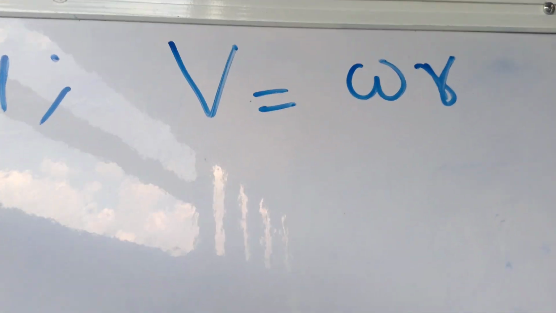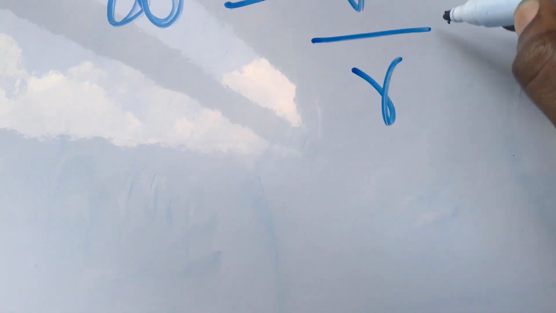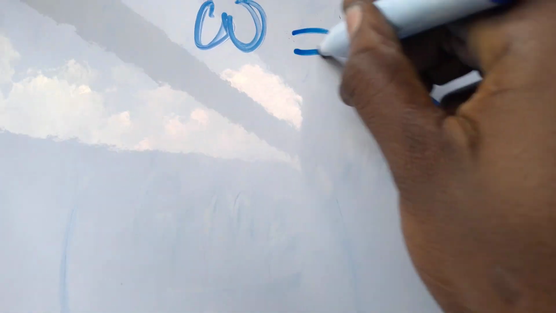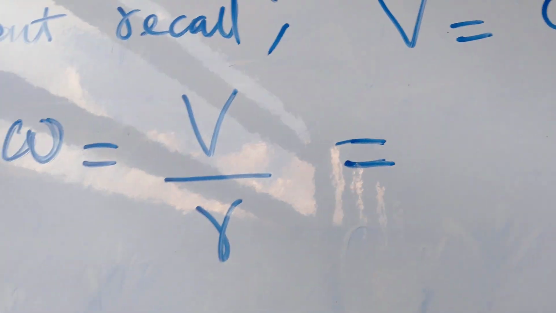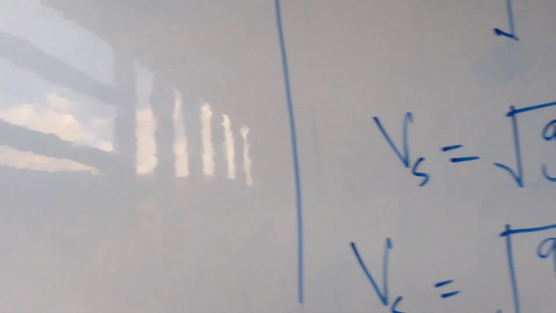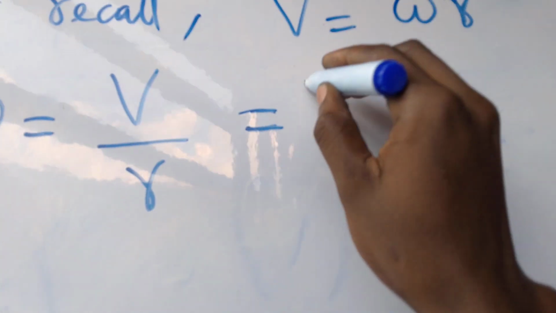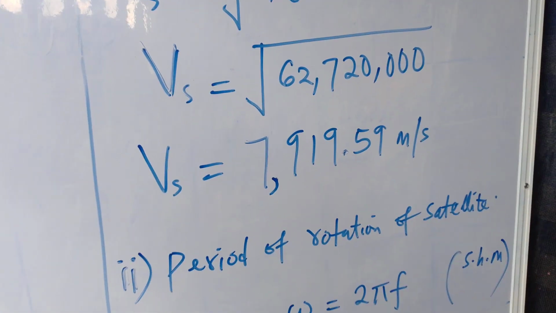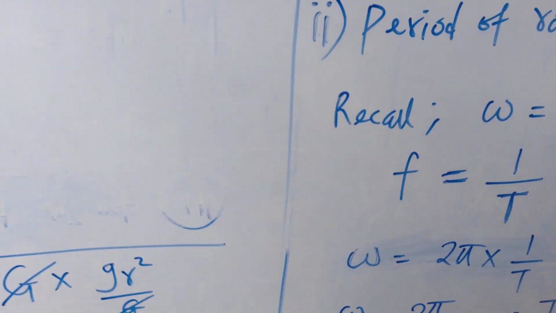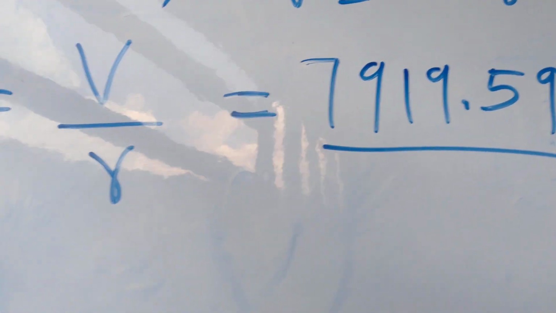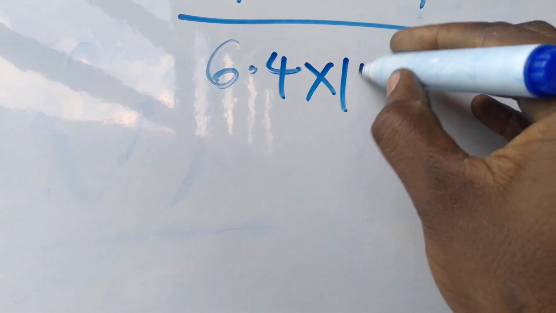But also recall that linear velocity is angular velocity times radius. So angular velocity omega is v over r, which is the linear velocity divided by the radius. We had the linear velocity as 7919.59 divided by my radius, which is 6.4 times 10 raised to power 6.